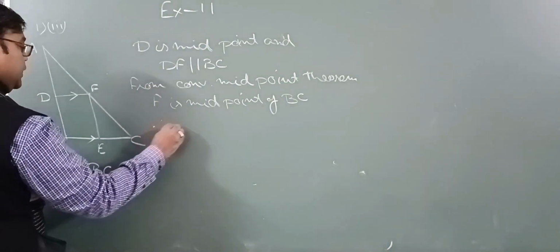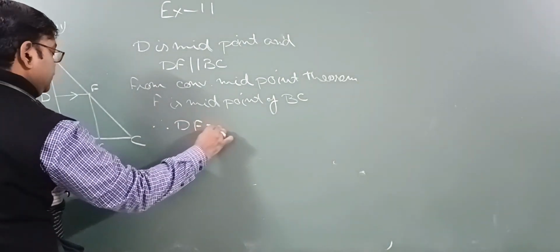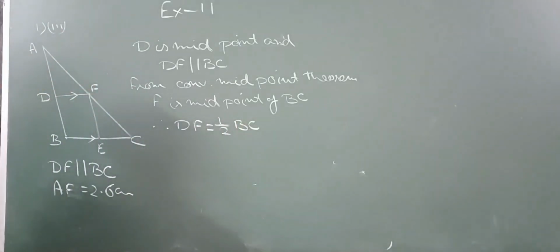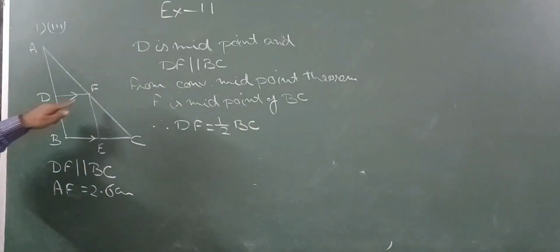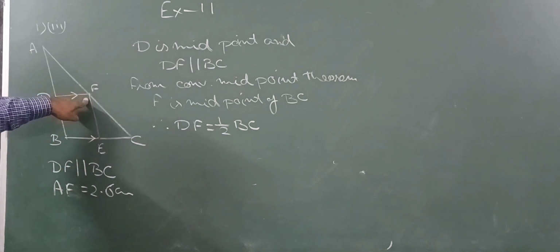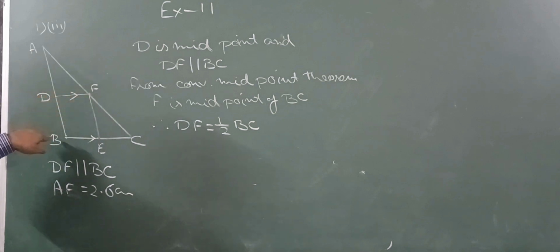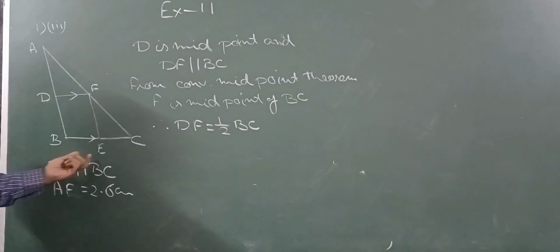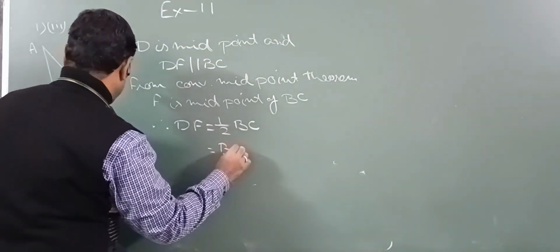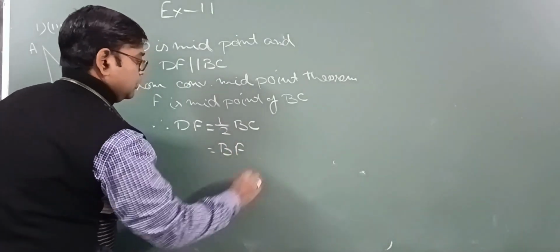Therefore we can say that DF equals half of BC, once we are able to prove that F is midpoint and these two are parallel. So DF equals half of BC, number one. But as we also know that E is a midpoint of BC, so DF equals BE. Why?